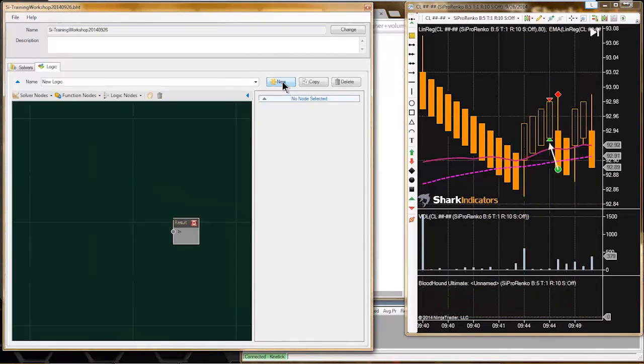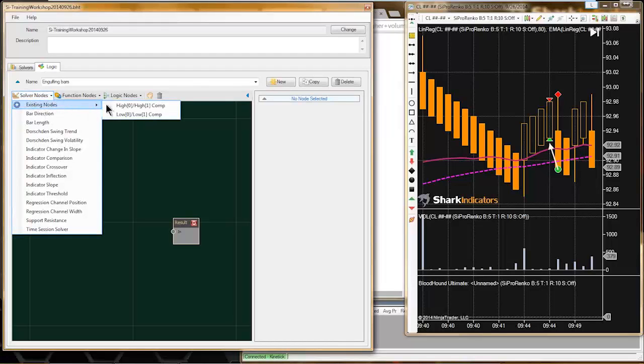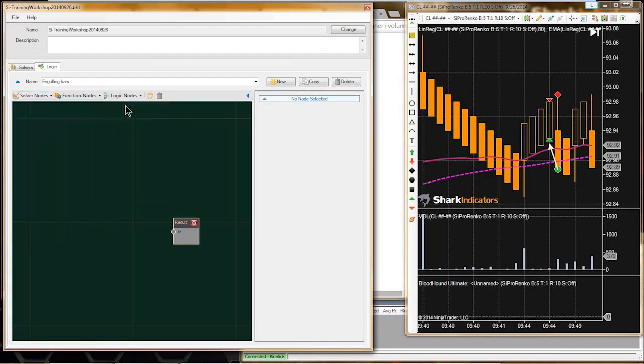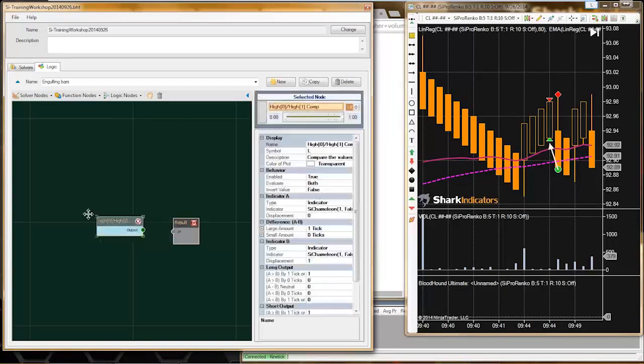All right, so I'm going to create a new logic board, and we'll just call this engulfing bars. And we'll drop our existing solvers that we built on the board here.